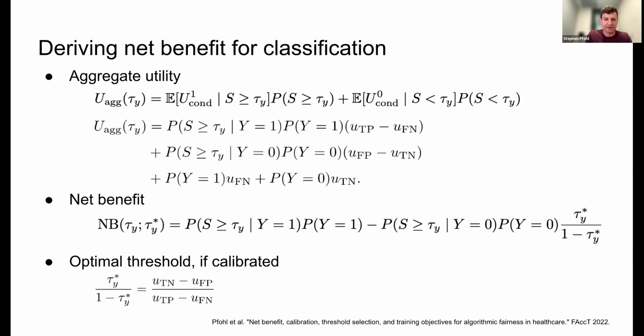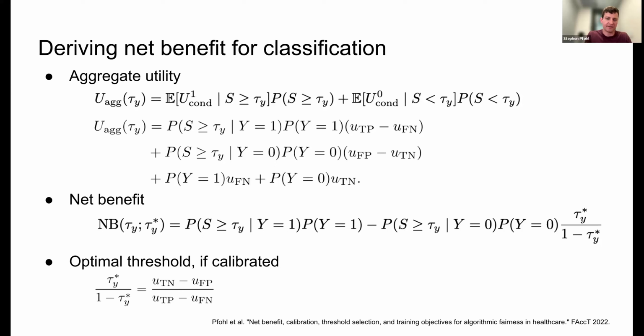And it's maybe not as useful as we'd like because it requires actually specifying these different utility values. There's a trick that comes from this literature that allows us to define something called the net benefit, which takes the same optima as that aggregate utility without actually requiring us to specify those utility values.